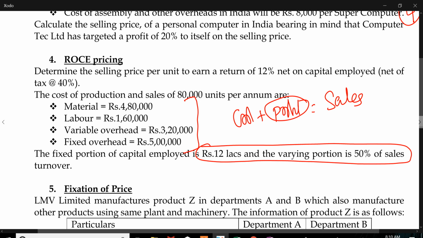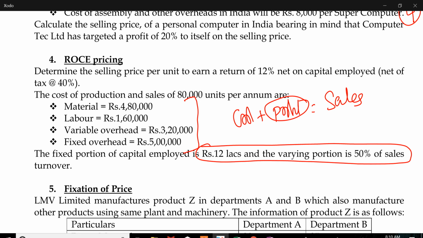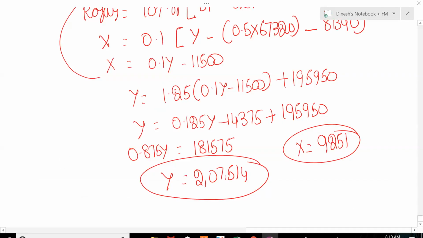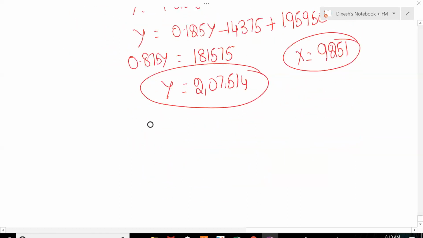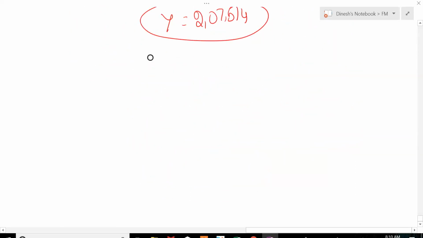Now to calculate profit I need sales, and to calculate sales we need the profit. So somewhere some equation will have to come into picture, or you will have to assume something as x and do it. Now right, let us assume the overall sales to be X.